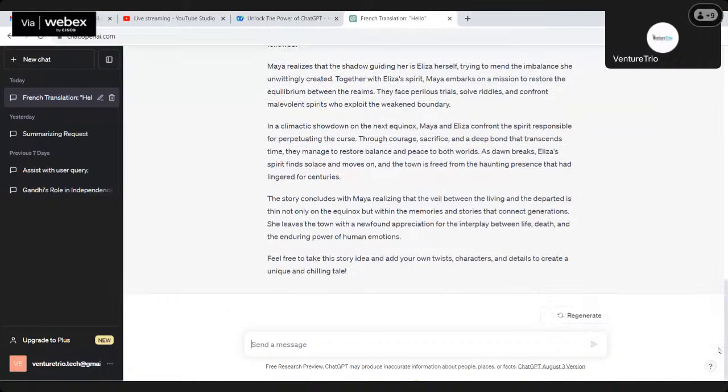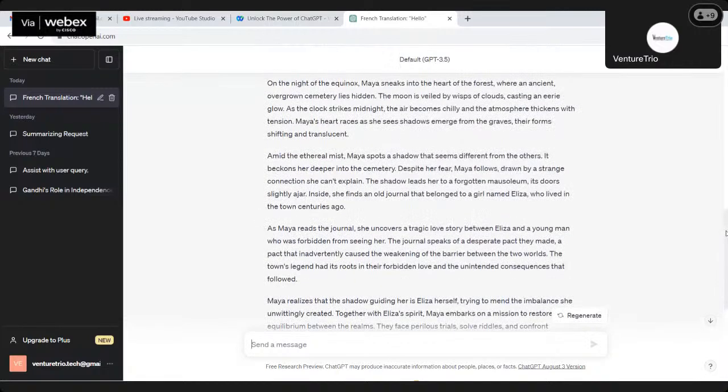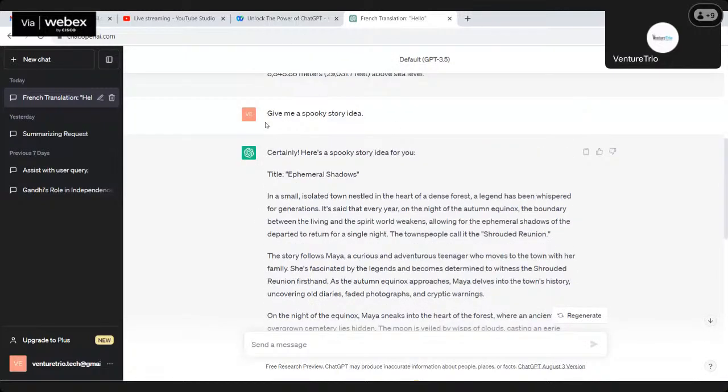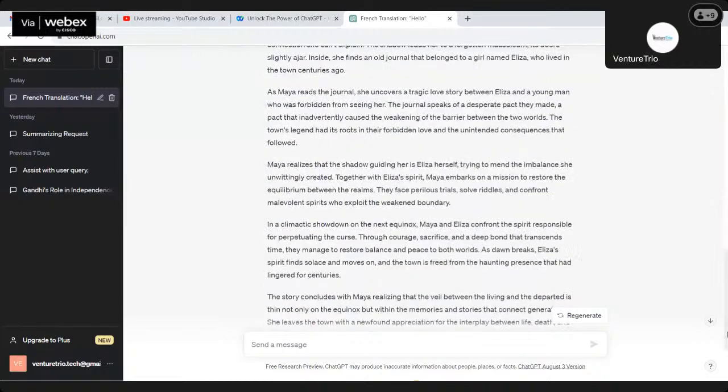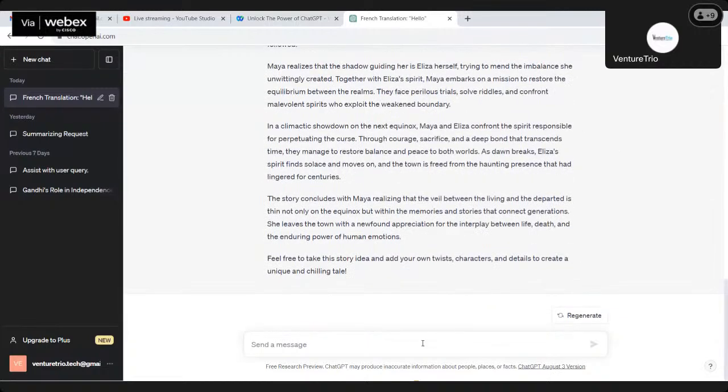If you require a story in short form, you generally have to provide a specific word limit. Let's put that query again and add a specific prompt: Give me a spooky story idea within 100 words.